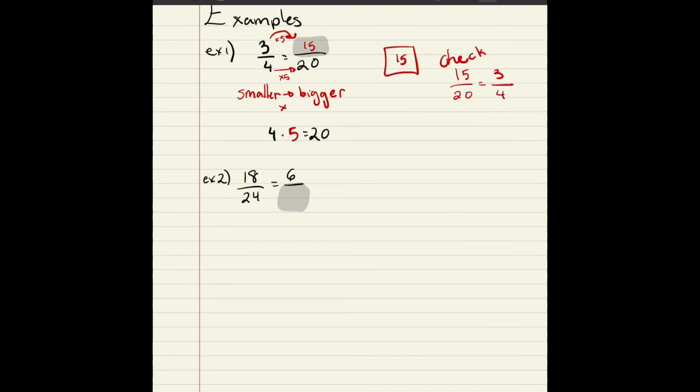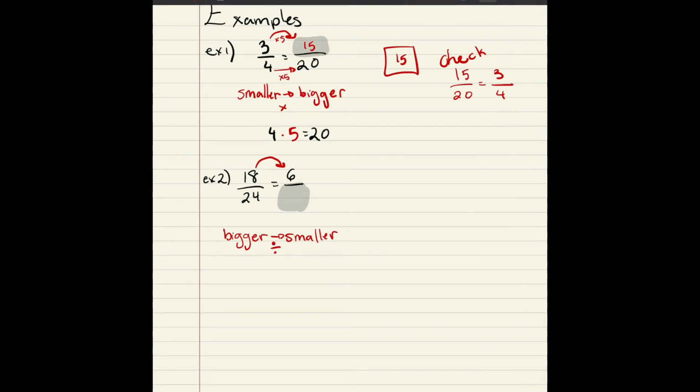And 18 over 24 is equal to 6 over the unknown. So I know here I'm going from a bigger number to a smaller number. I'm going from 18 to 6, which is a smaller number.